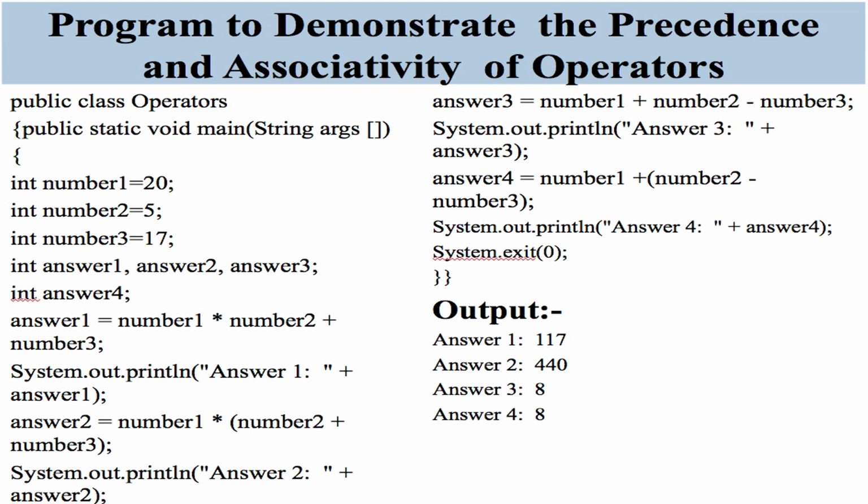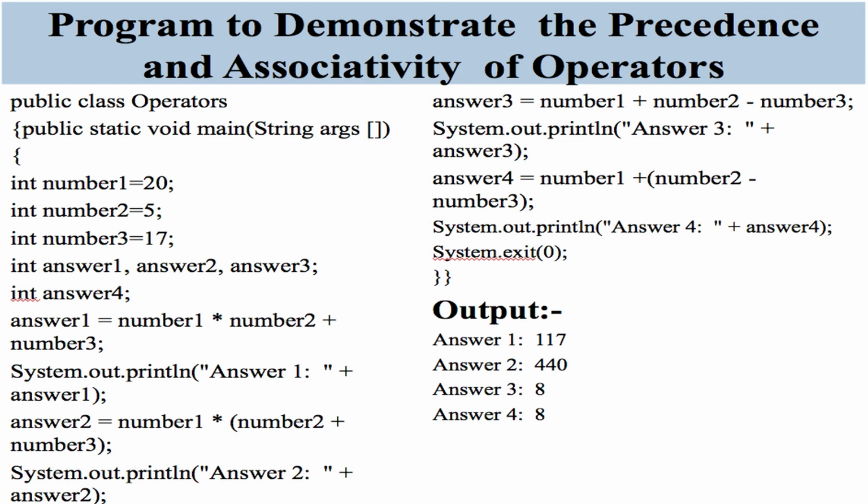Answer 1 equals number 1 multiply number 2 plus number 3. Here you can see we have multiple operators, the multiplication operator as well as the plus operator. The higher priority is multiplication, then plus. Again see this example with this table. Here multiplication has higher priority than plus.